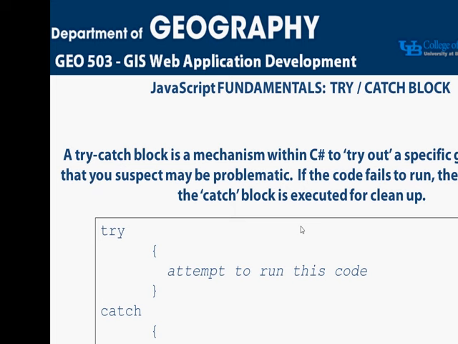So if you put the code between these brackets using the try keyword, once again lowercase, you may be noticing all these keywords are lowercase in JavaScript. JavaScript will try to run the code, hence the word try, but it will bail out if it doesn't work. It lets it bail out more gracefully. Sometimes, if a line of code doesn't work, it just blows up and does something really bad.